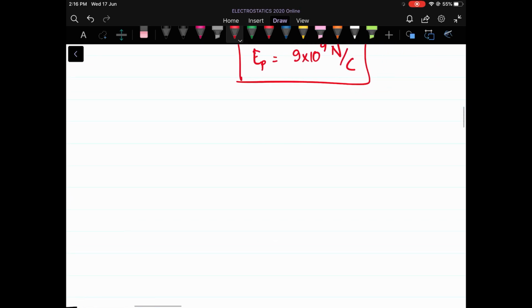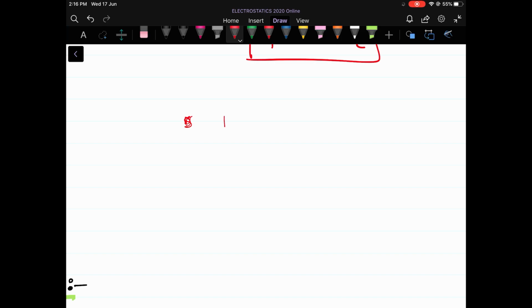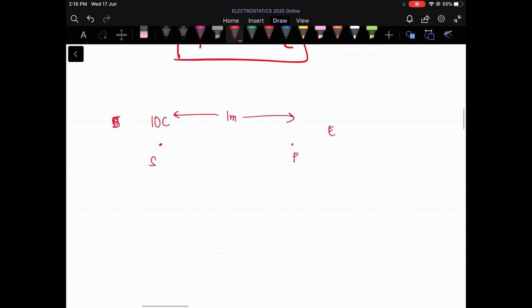Just to show you one more example, if I have a charge of 10 coulombs as the source charge and I calculate the electric field at this point P at a distance of 1 meter, I must write 1 by 4 pi epsilon naught, the source charge which is 10, divided by the distance which is 1, so I have to square it, and of course this number you can see is 9 into 10 to the power 9.